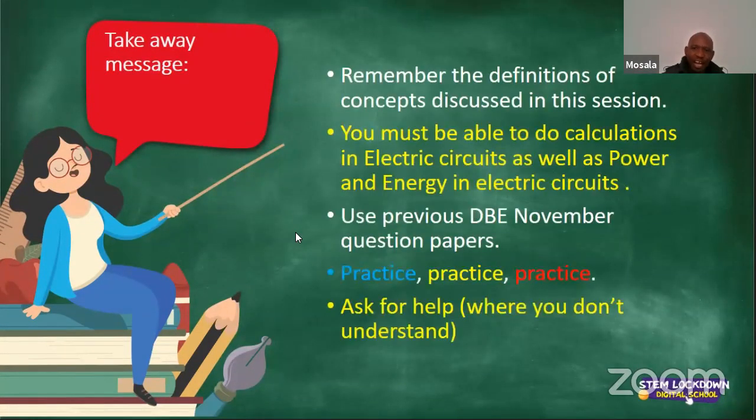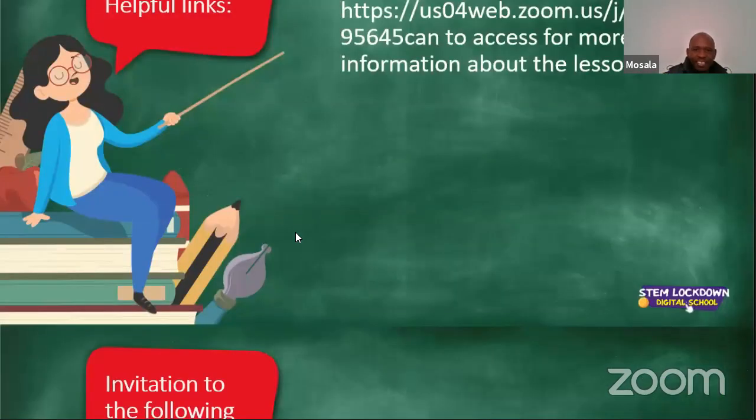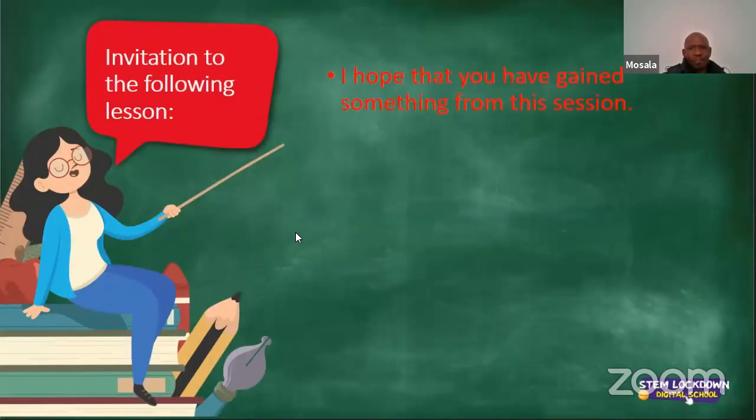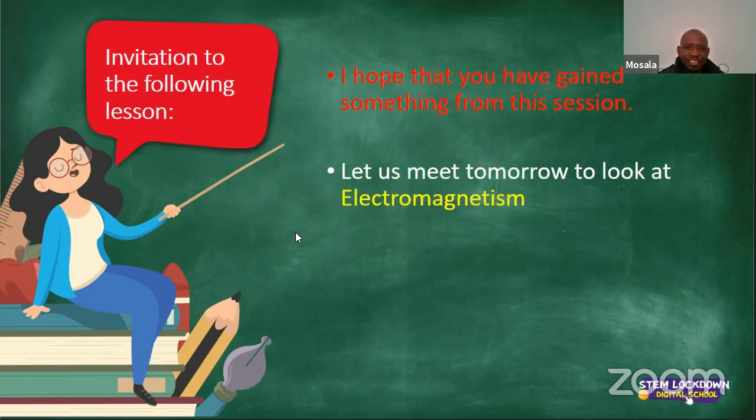Remember the definitions: what is power, what is a kilowatt hour, and how to use the various equations in calculations. I hope we have gained something from this lesson. Let's meet tomorrow. We'll do the homework and then continue with electromagnetism.